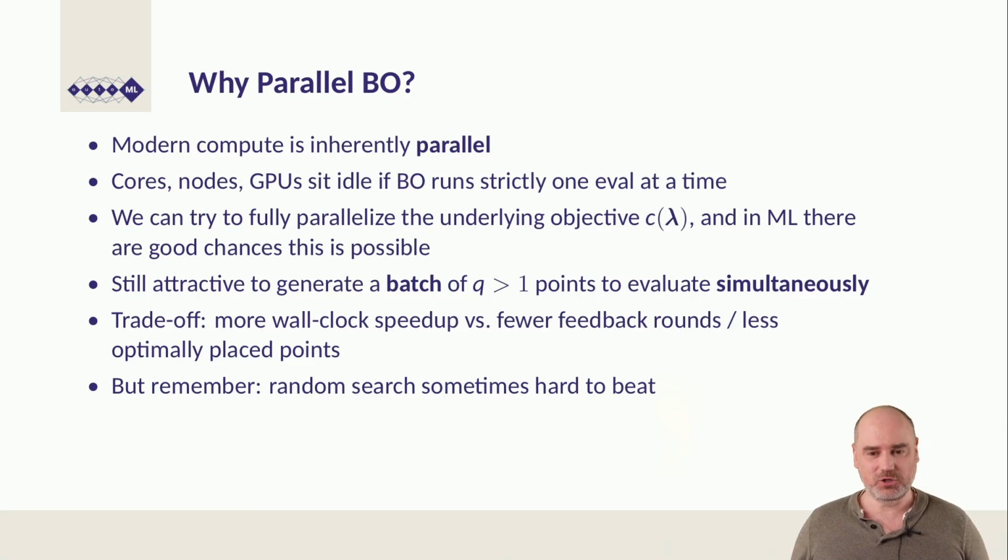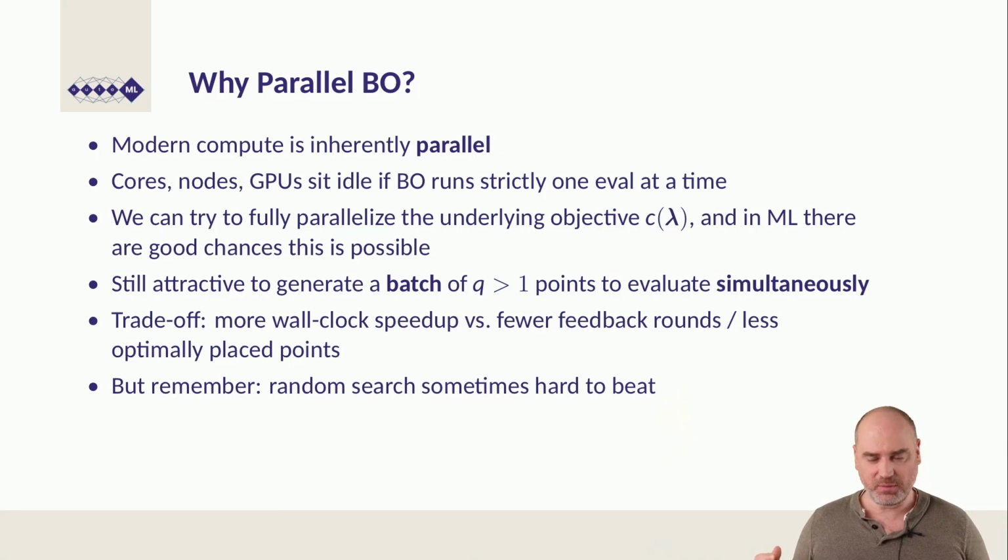On the other hand, Bayesian optimization, at least in its vanilla version and at first glance, is an inherently sequential procedure, right? We're just producing one point after another in each iteration of BO, and then we have to wait for a long time until it is evaluated. Now, of course, we could take a simplistic perspective and say, okay, who cares?